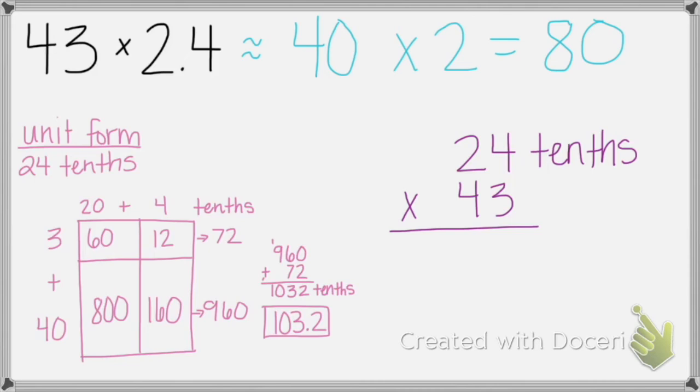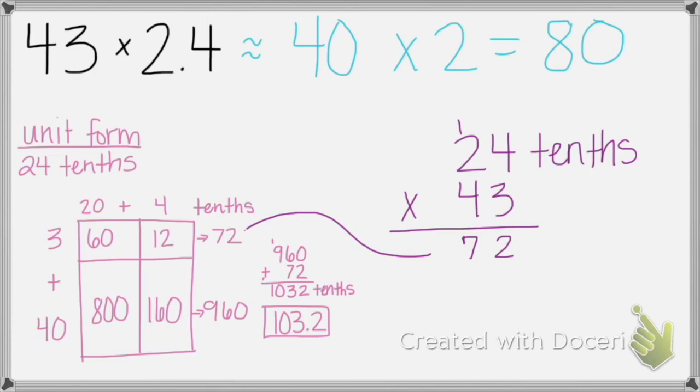And it allows for students to solve this ignoring that there is a decimal for now. So I can take 3 times 4 to get 12, 3 times 2 to get 6, plus 1 is 72. You can also see how adding across my area model gave me that same partial product.